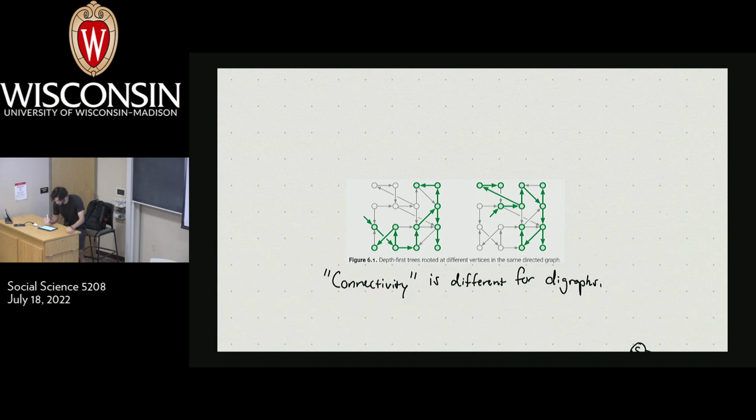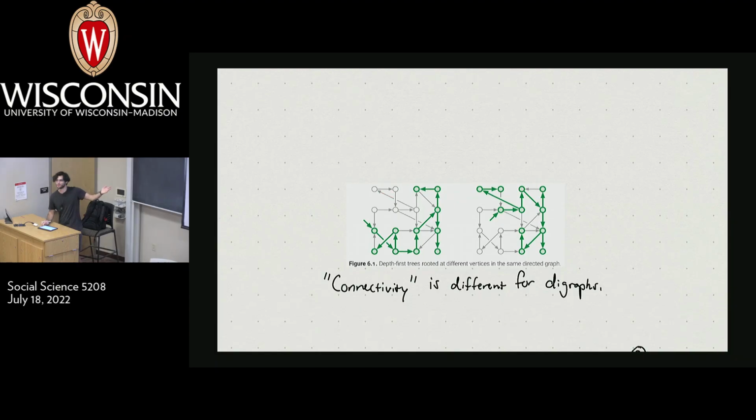If you started at this node here, you could never get to some of these other nodes, so not everything would be reachable. Similarly, if you started at this node, you would hit all these things and skip these. This shows you that connectivity is different in directed graphs. It's not enough that there are edges everywhere; you have to have the right orientation of the edges. The arrows have to be going in the right direction.